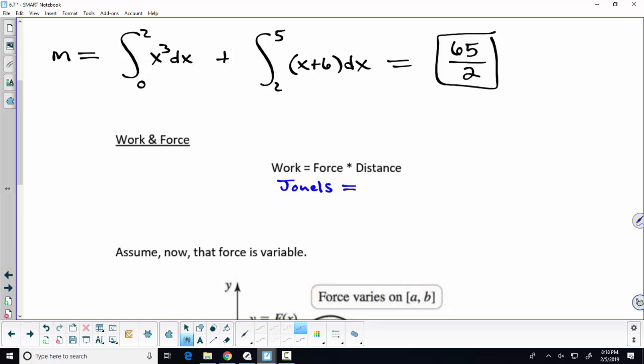Kilograms, meters squared per second squared. Our force is measured in newtons.